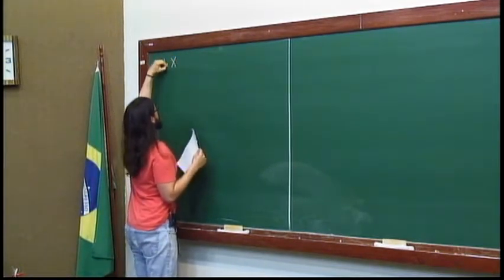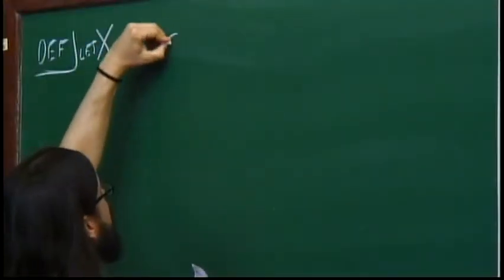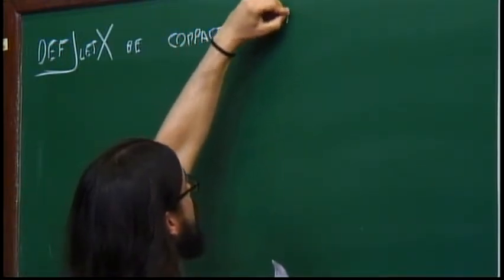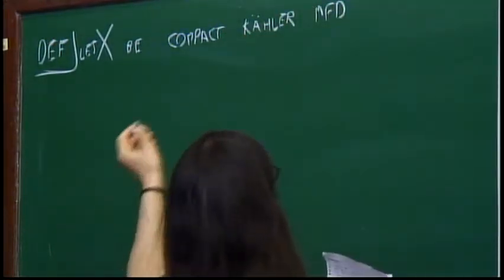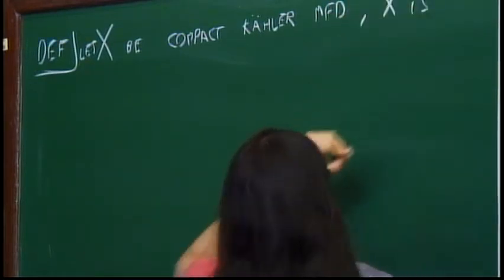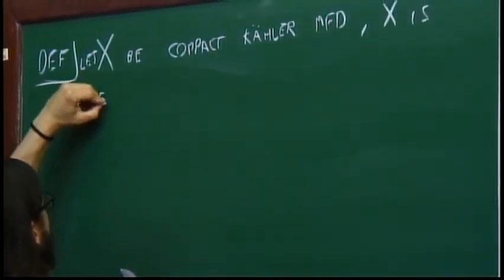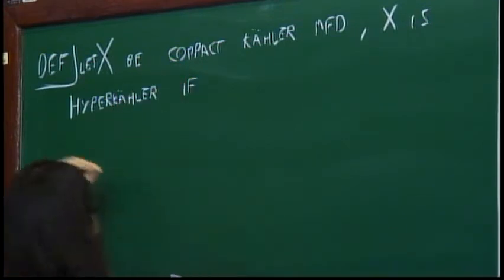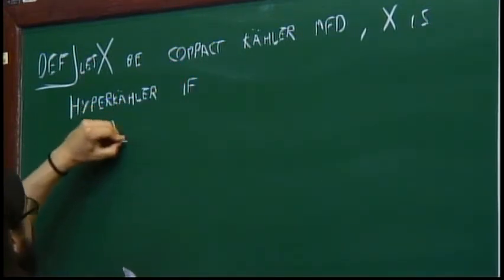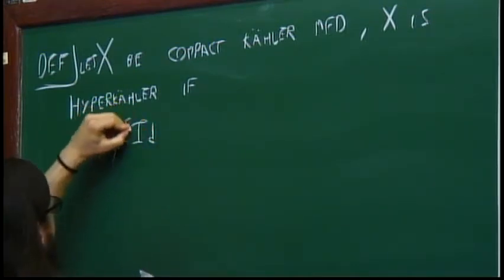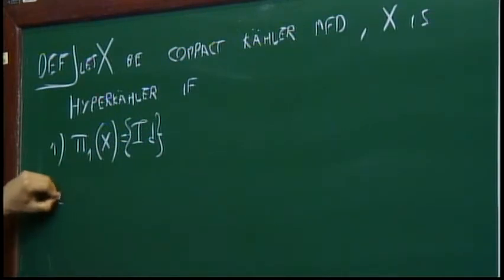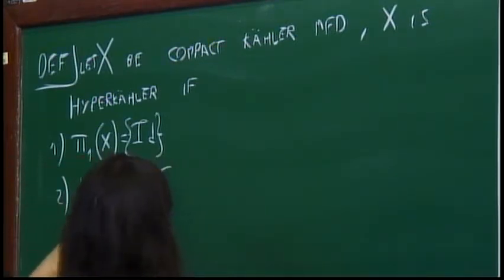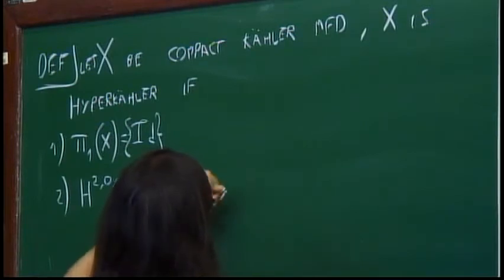So let X be a compact Kähler manifold, then we say that X is hyperkähler if it is simply connected and its H^{2,0} is generated by a single form which is symplectic.